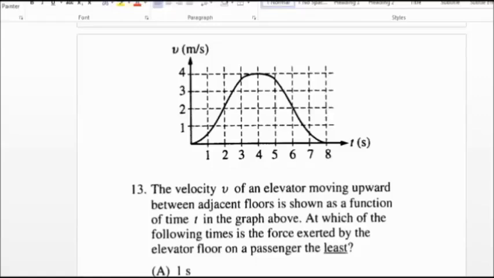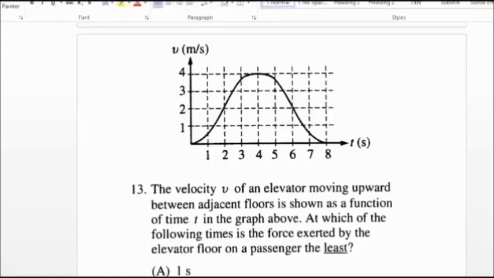For a person to have an acceleration in the downward direction, the force of gravity has to be more than the reaction force exerted by the elevator floor.